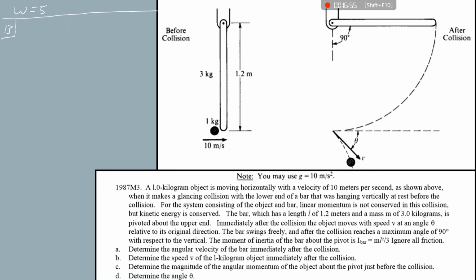So do we use angular momentum conservation? Okay, let's try it. So angular momentum before is just mvr, I think.